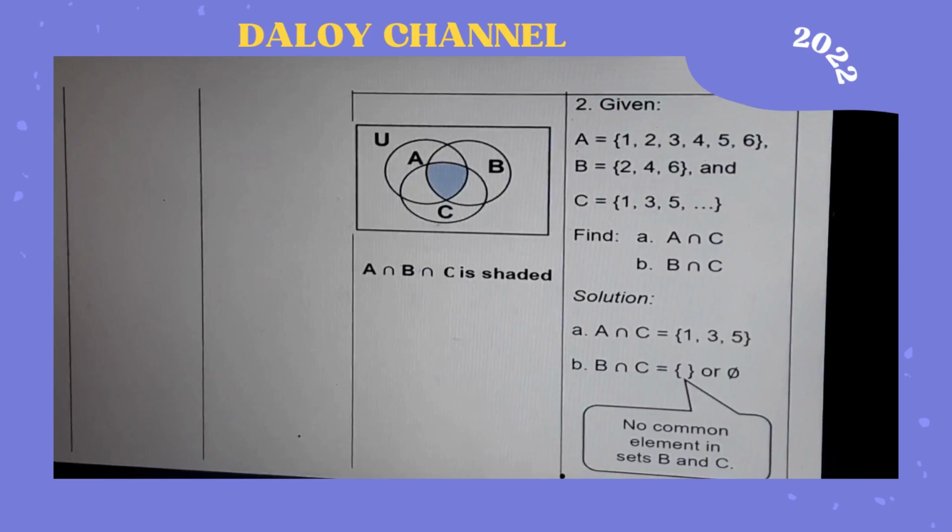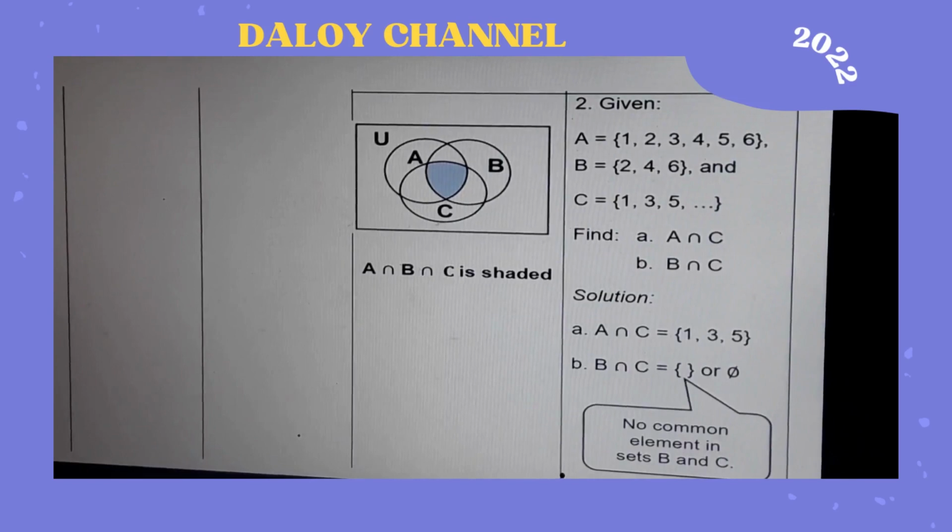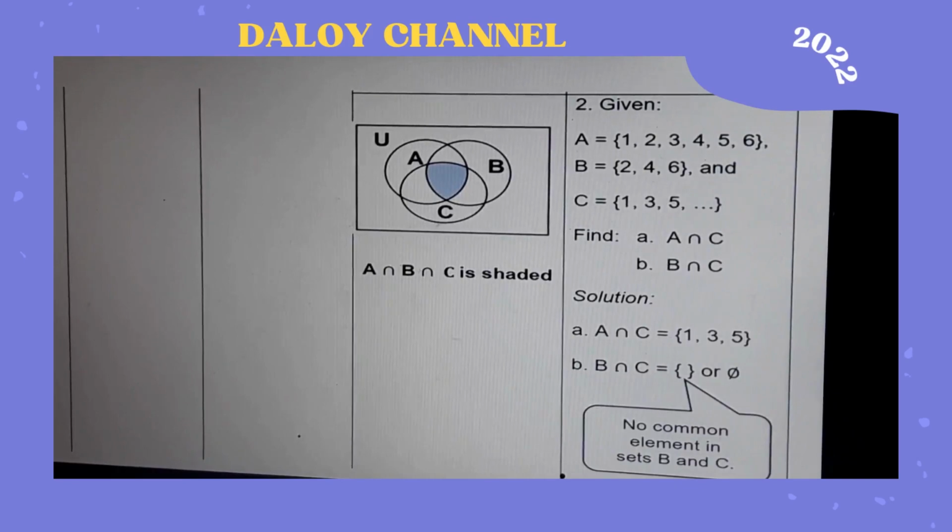Okay, another example of an intersection. If you are dealing with 2, 3 or more sets involved, we should be careful in designing or making our Venn diagram illustration.